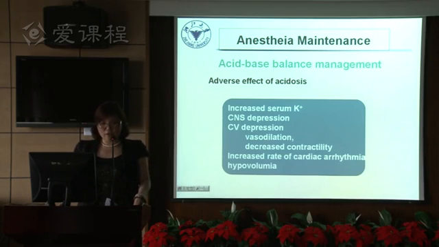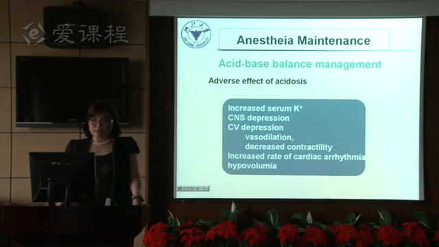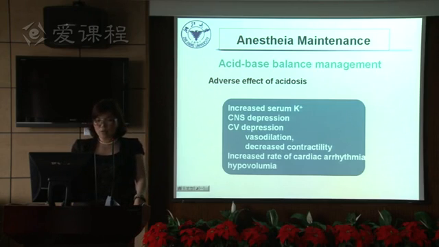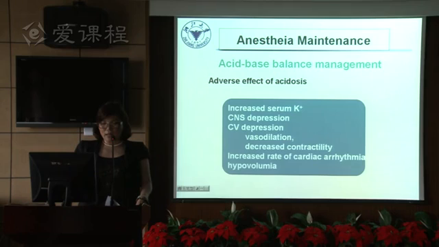Adverse effects of acidosis: usually if a patient suffers from acidosis, the patient may have increased serum potassium, central nervous system depression, cardiovascular depression and vasodilation.